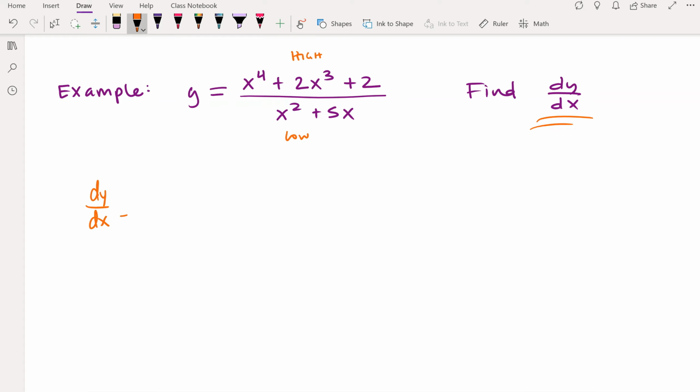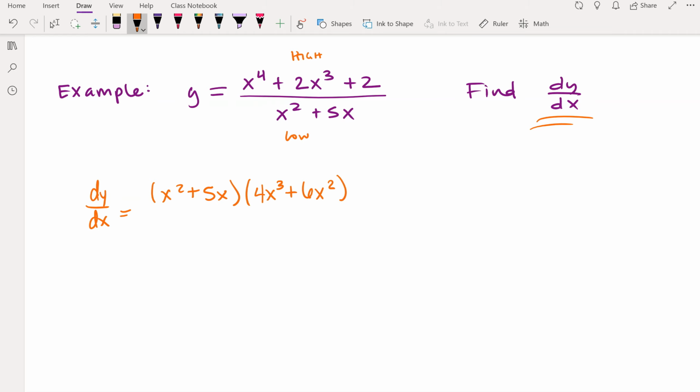Okay, low is x squared plus 5x. Then we do d high, derivative of high. So we need to take the derivative of this upper function, the high function. So that's 4x cubed plus 6x squared. That's the derivative of high.